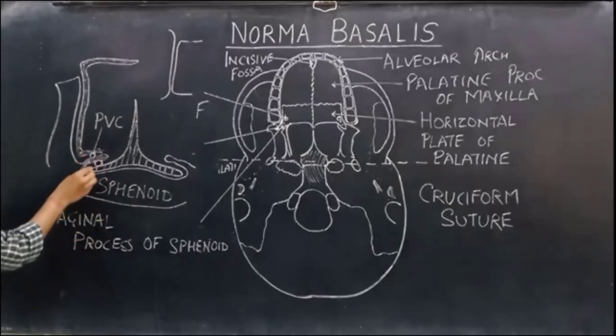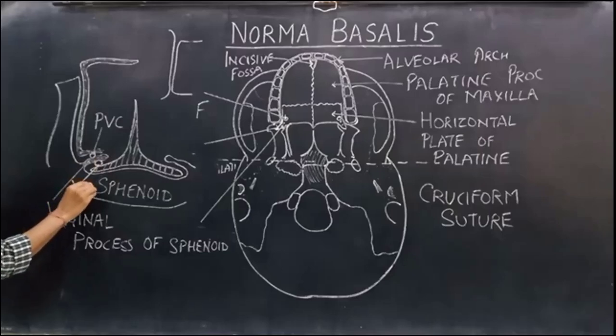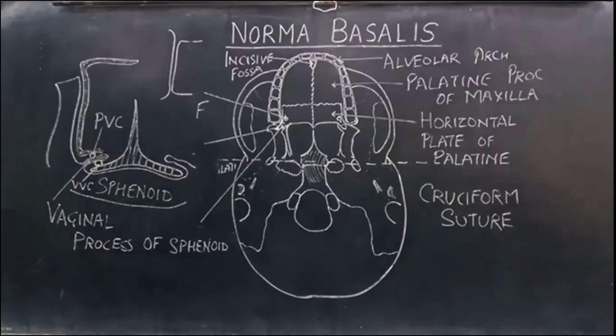And this gap between the vaginal process and the vomer, this would be the vomerovaginal canal. So now is this clear? How the two canals are formed? Is this clear or not?